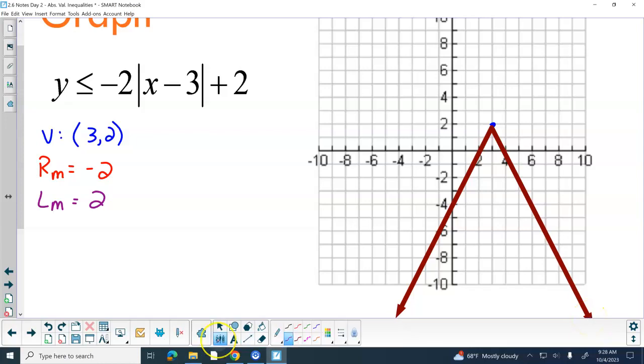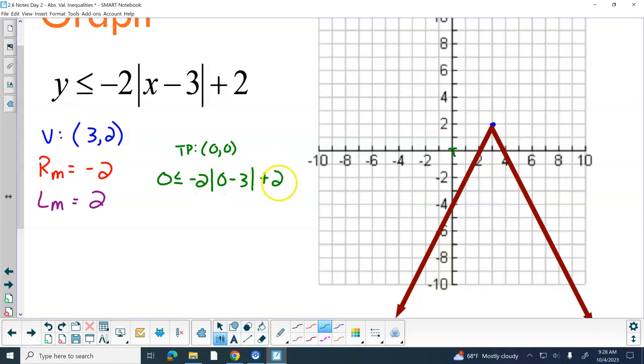Test point that you chose. I think most people that I saw tested the origin. Our test point is on the outside. If true, we would shade outside. If false, we would shade inside. 0, less than or equal to -2 times the absolute value of 0 minus 3, then plus 2. 0 minus 3 is -3.